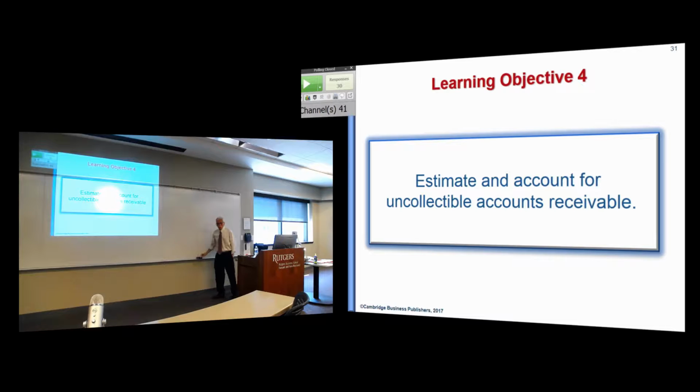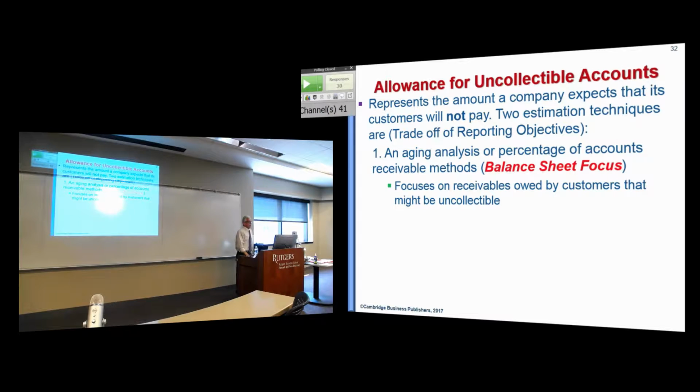Accounts receivable. Using the allowance method, we've got to come up with a technique that we can use to reliably estimate the amount of uncollectible accounts. We have two methods to do that under the allowance method. Both will trade off a balance sheet focus and an income statement focus.